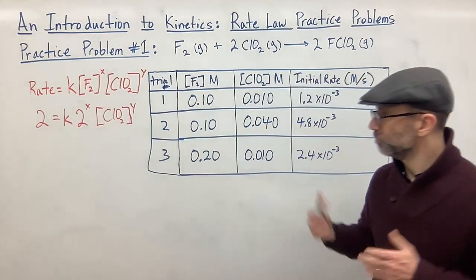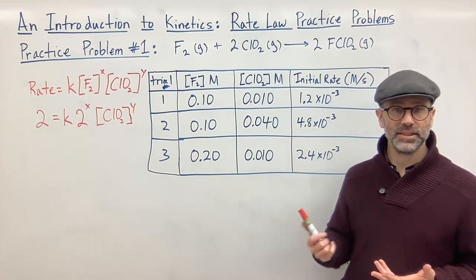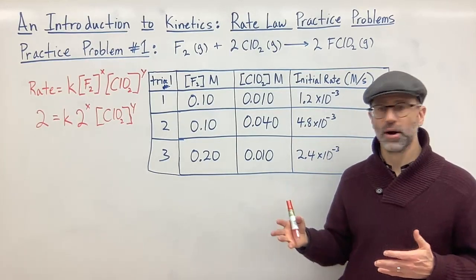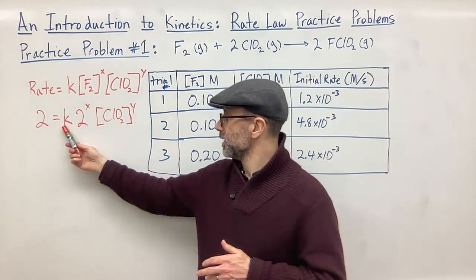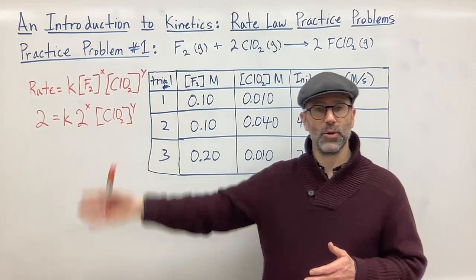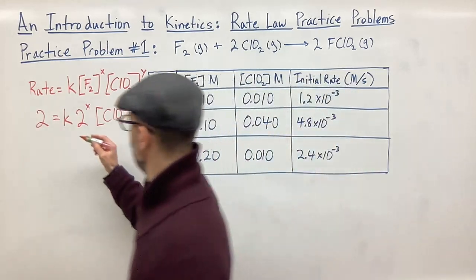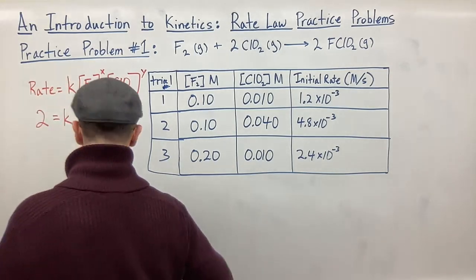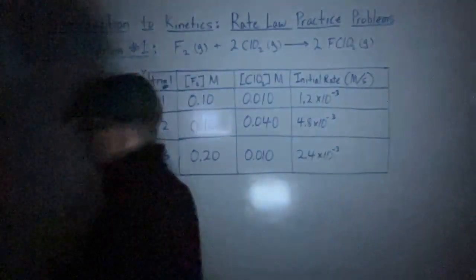Now, if anything is constant or stays the same, we need to get rid of that from our equation. So k is constant and ClO2 is constant, so we're going to get rid of those. So those go bye-bye. So then what we're left with is, so, oops.